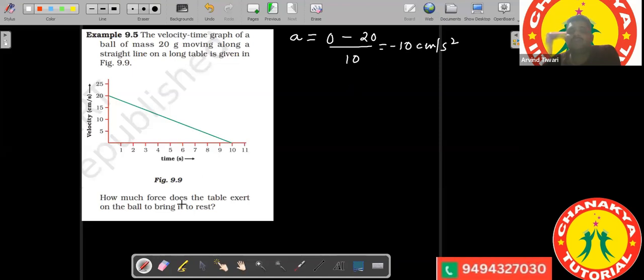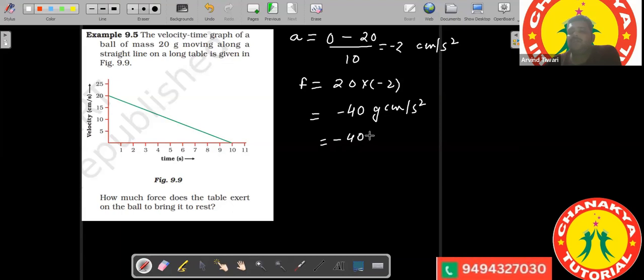Oh, sorry, minus 2. You get minus 2 centimeter per second square. Then force is mass times acceleration, which is 20 multiplied by minus 2. This is minus 40 gram centimeter per second square, which you can also write as minus 40 dyne. If you want to write the answer in newton, you can just write minus 40 multiplied by 10 to the power minus 5.